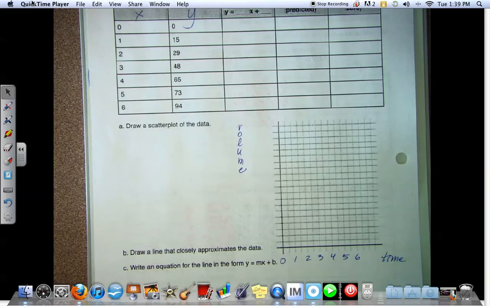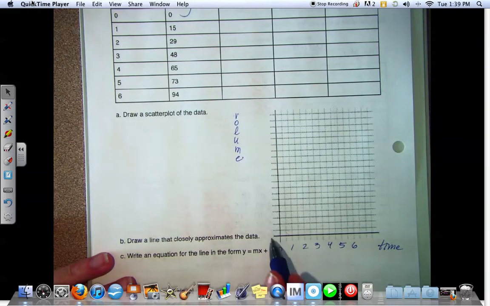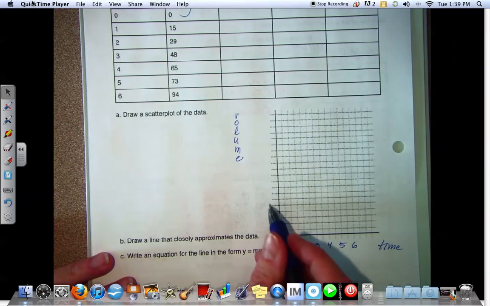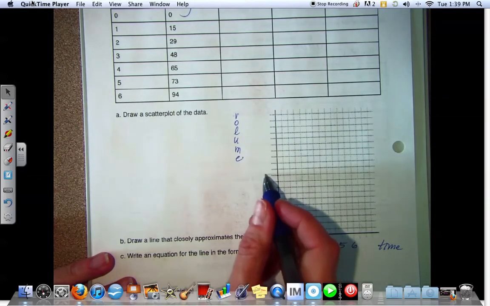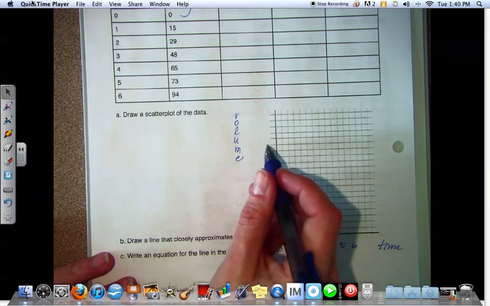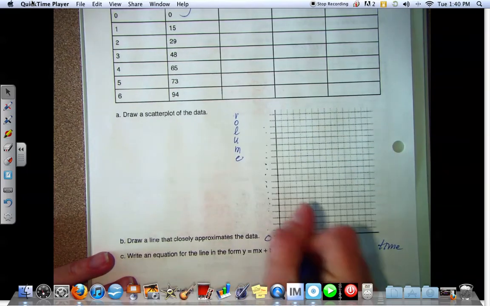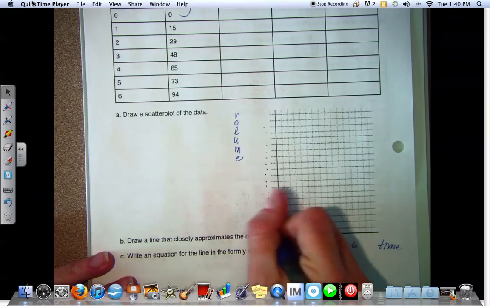Seven or 5. I don't think you could do 5. 0, 5, 10, 15, 20, 25, 30, and so on up to 90. You could do 10s, you can skip a line in between. We can do 5s. Alright, let's do 5.